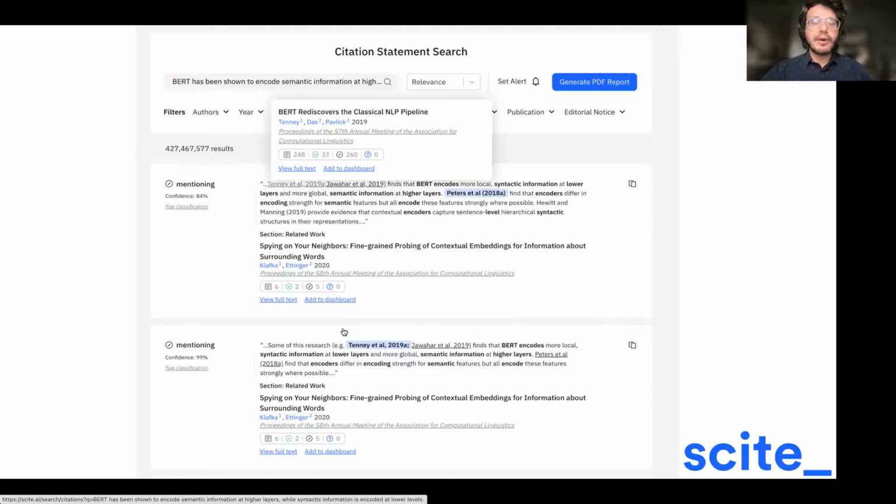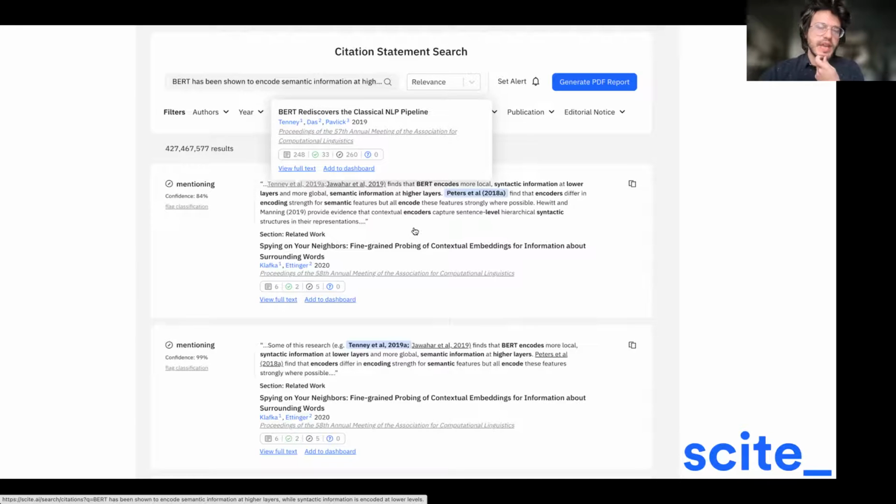The power of this is that I've found a citation for that claim. Because other people have also cited Tenney and Jawahar for this claim, maybe that means I'm justified in supporting this claim. Of course, you would never want to do that uncritically, but this allows you to find out whether you can or cannot support your claim with the citation.